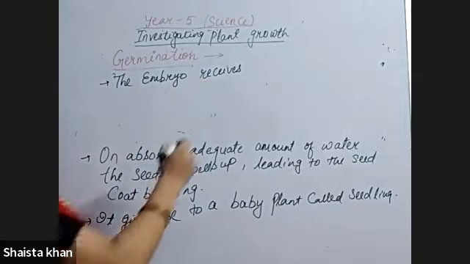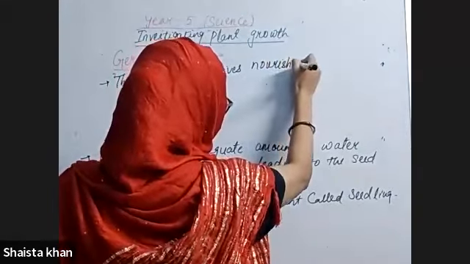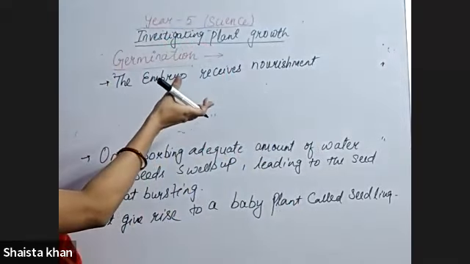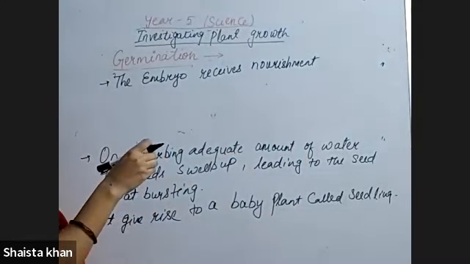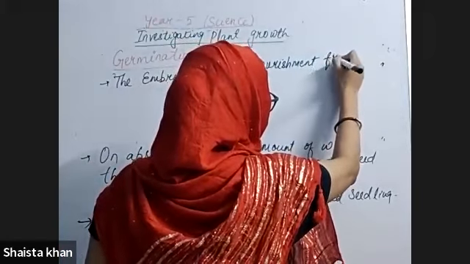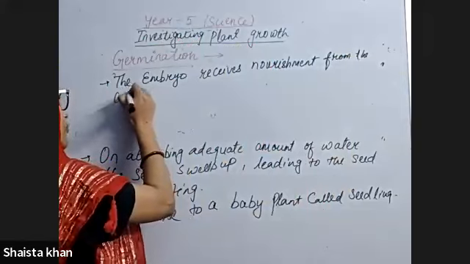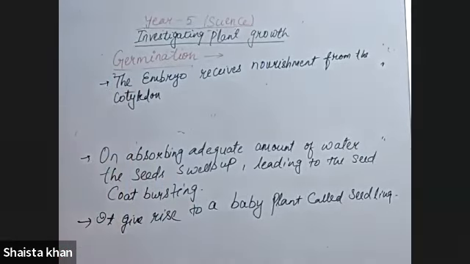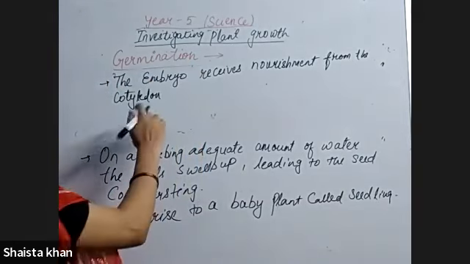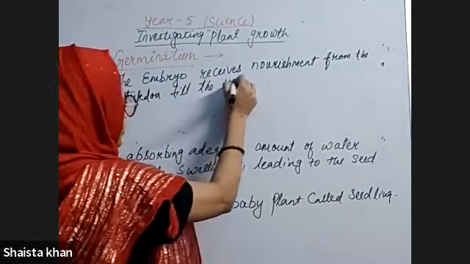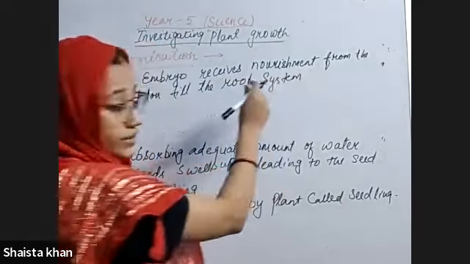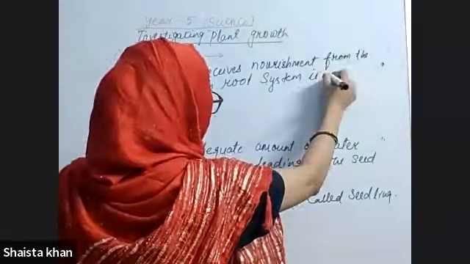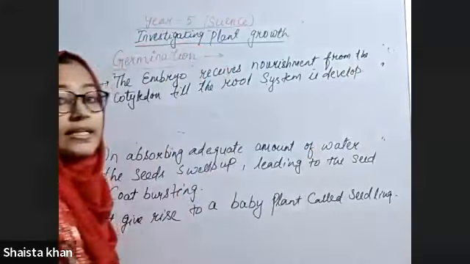The embryo receives nourishment, nourishment in the sense nutrients, from the cotyledon, or from the part where food is stored, till the root system develops.